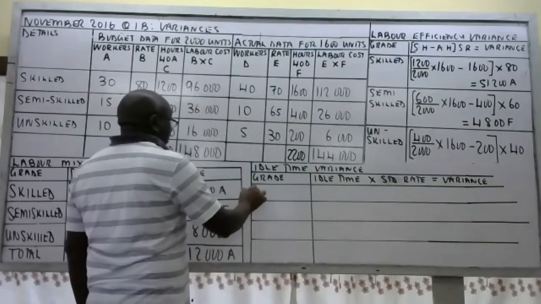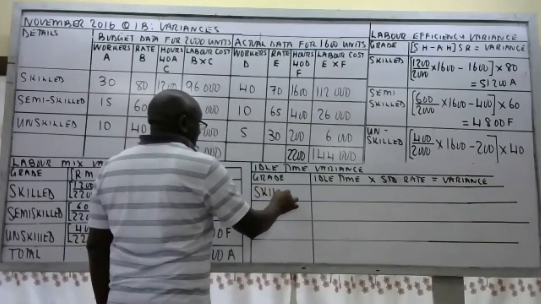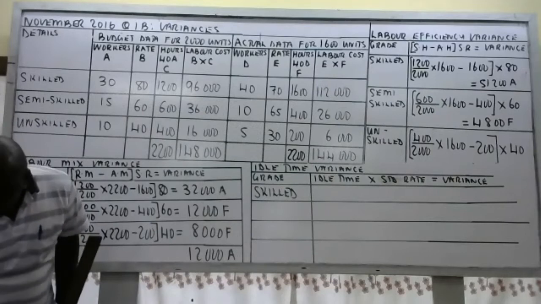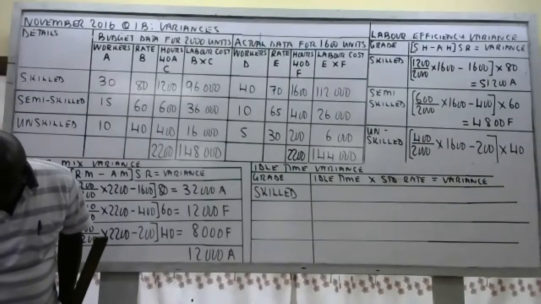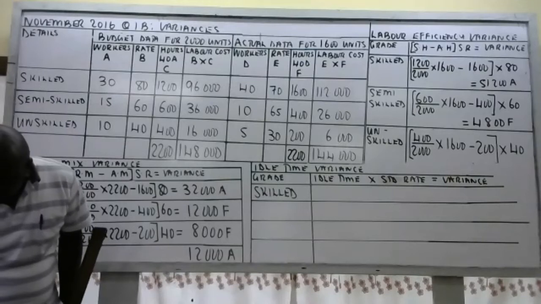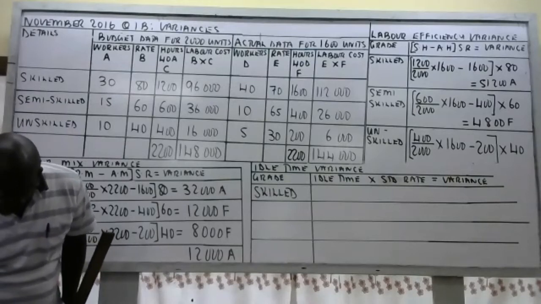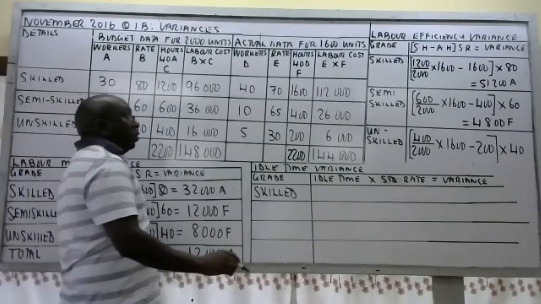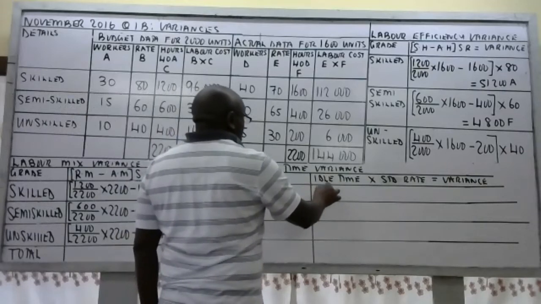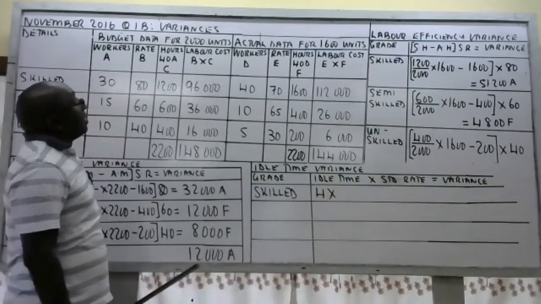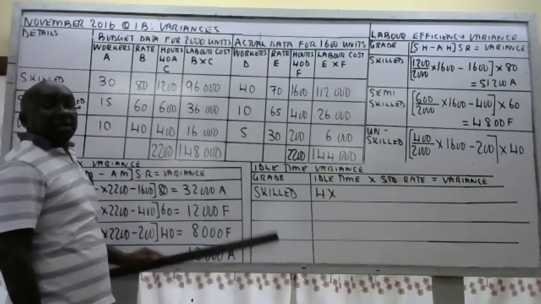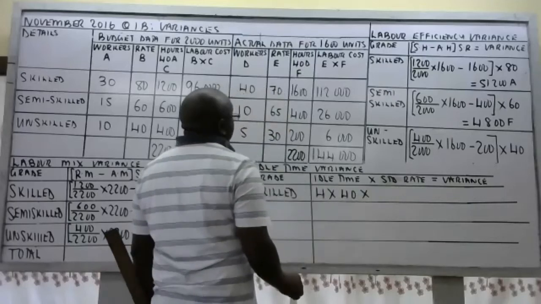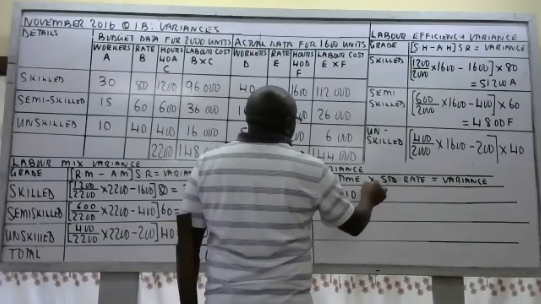So if we start with the skilled guys, we are told that each worker was idle for 4 hours. So what you do, you say 4 times the number of workers that we had, 40, multiplied by the standard rate of 80.